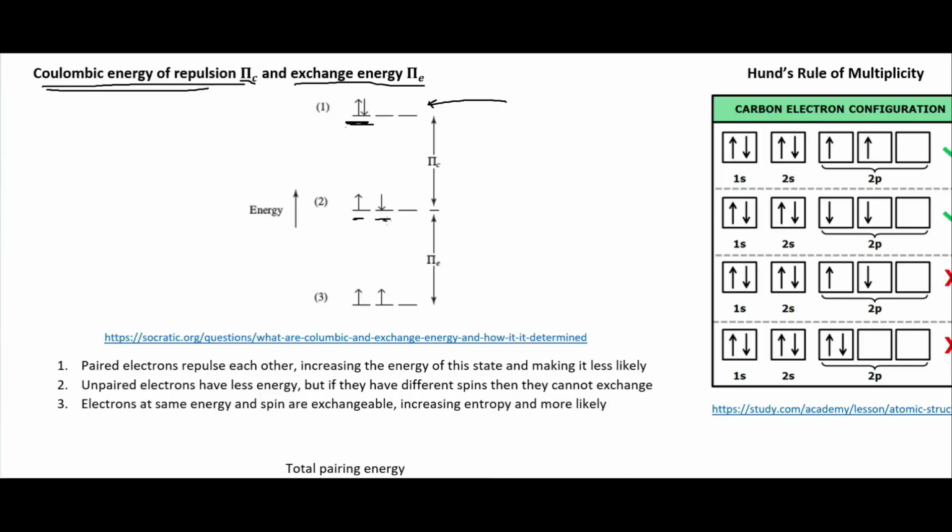But then we have this exchange energy, and so if both of them are in the upspin, or if both of them are in the downspin, the take-home message is that both of them are in the same spin. That's even lower energy, and so this is called exchange because you can sort of exchange these electrons back and forth, and so that actually increases the total entropy and therefore is favorable.